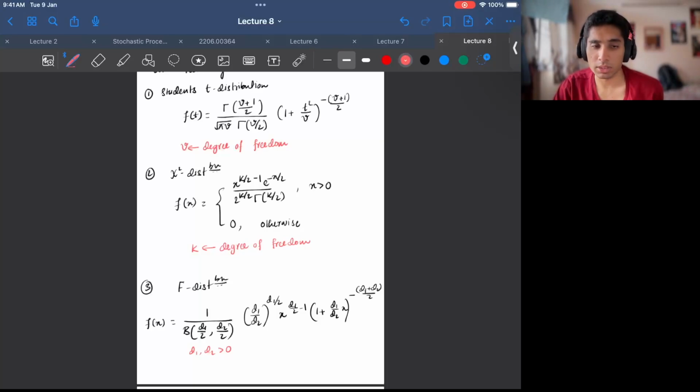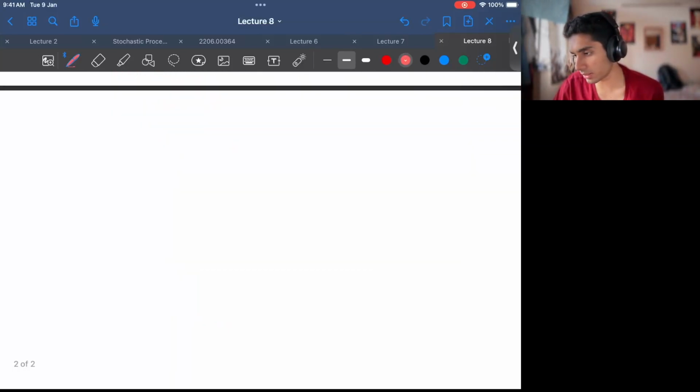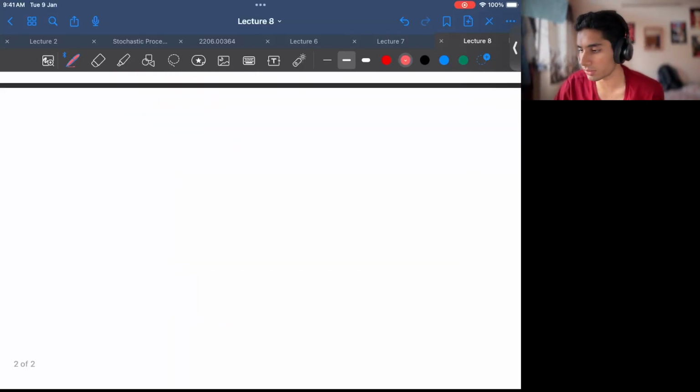So t distribution, chi-square tests, and stuff like that. So it's better to keep all these things at the back of your mind. Let's discuss a few things. I want to first tell some properties about the F distribution, and then we will go to the problems to solve.